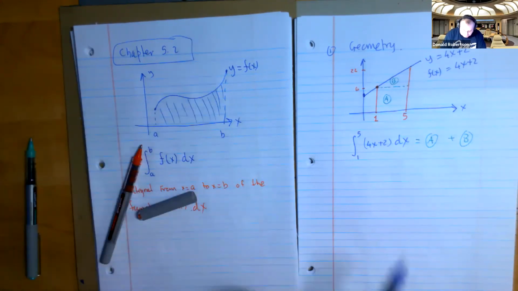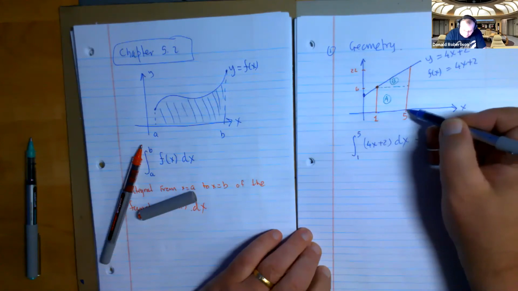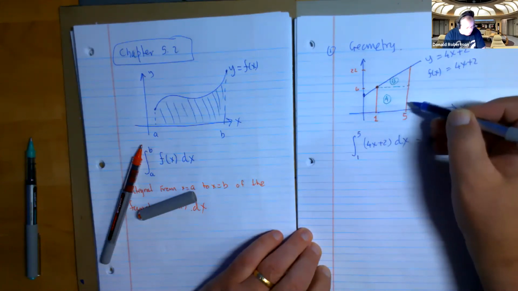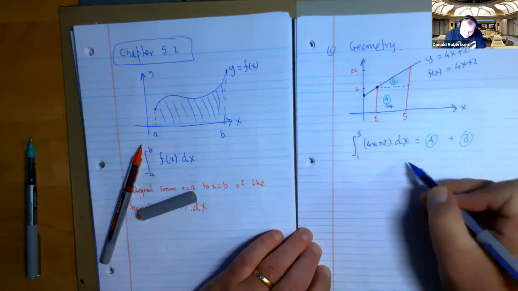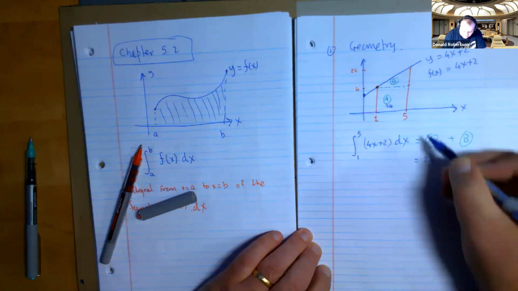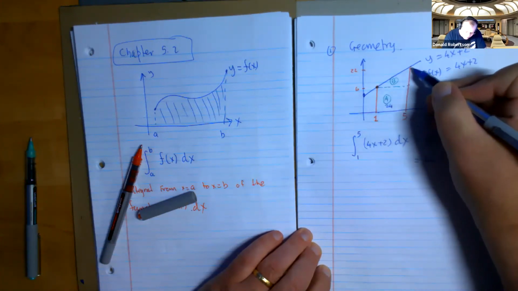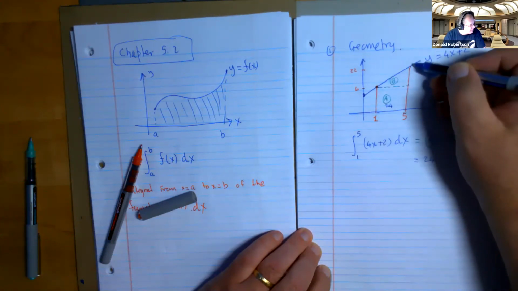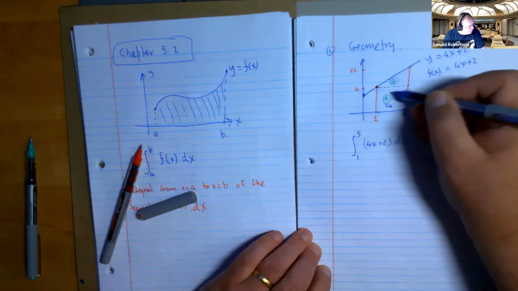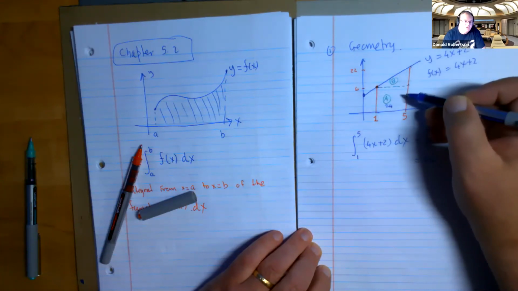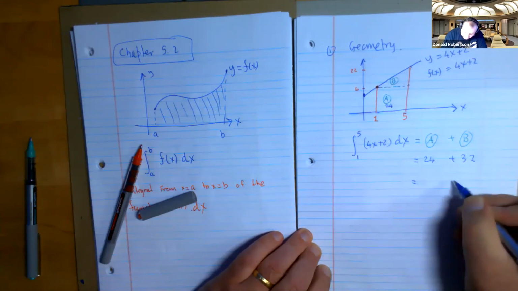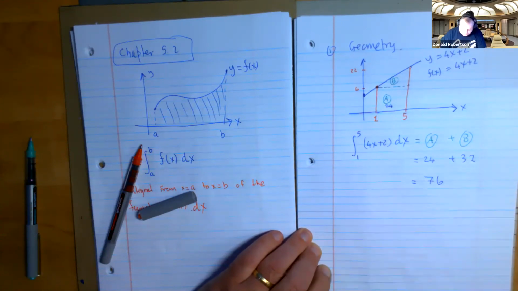And I'm not going to do anything too clever. Isn't that just a 4 by 6 rectangle, right? 4 wide and 6 tall. So would that be 24? And this is a 4 by, 6 away from that, a 4 by 16 triangle, right? This is 4 wide, 16 tall, which is 2 times 16, which would get me another 32. And so in this case, the answer would be 76.